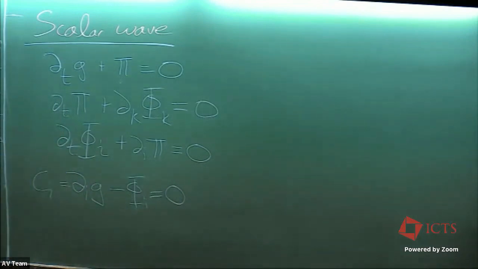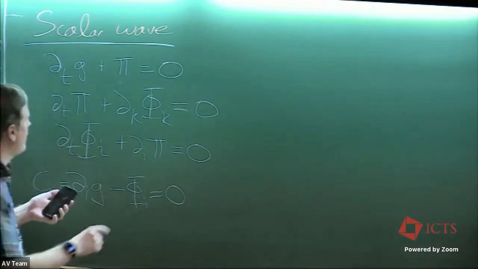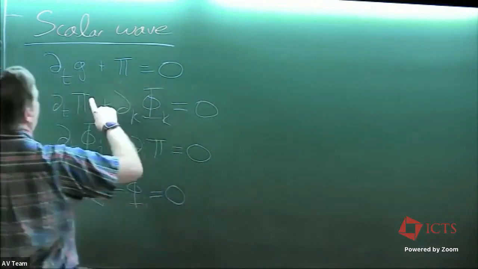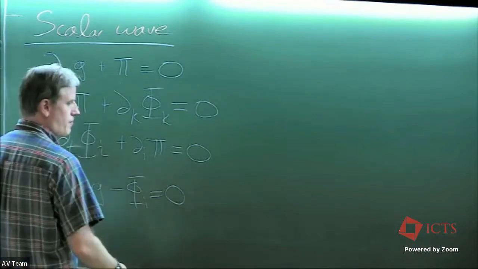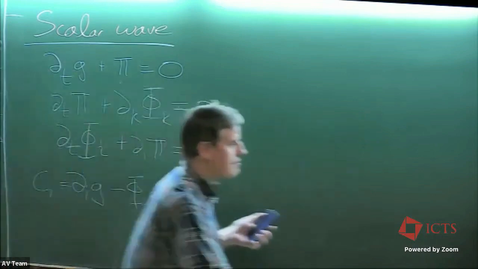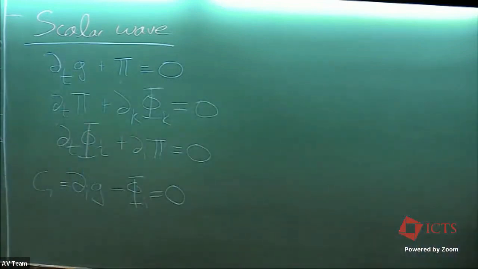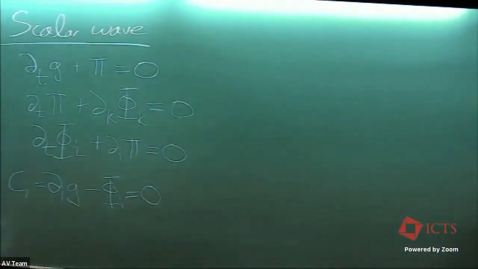Now, I want to show you for comparison just the principal parts. So remember, the principal part of the equations only counts the terms with derivatives. We reduce them all to first order, and there's only first order derivatives. So the principal part is everything except the source terms, and there's only one source term here.